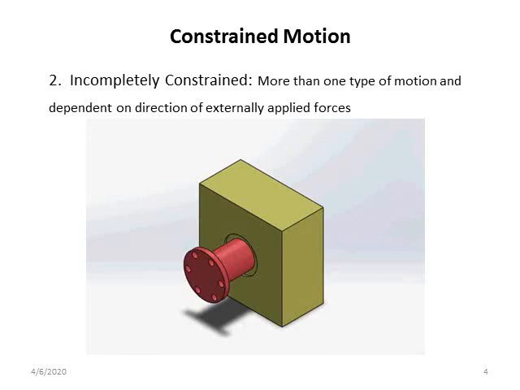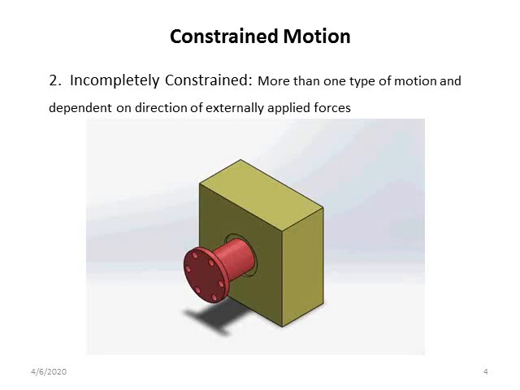So the second type of motion that we are going to discuss is the incompletely constrained motion. Why is it called incompletely constrained motion? Because there is more than one type of motion between the links, and the motion is dependent on the direction of externally applied forces. So I will repeat it again.